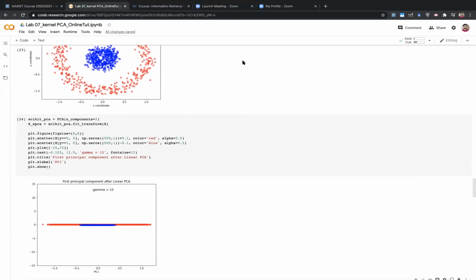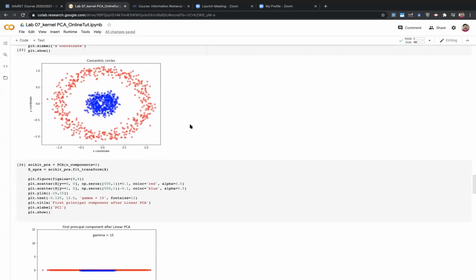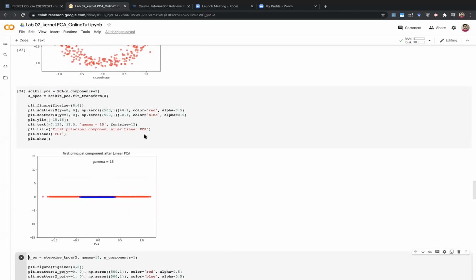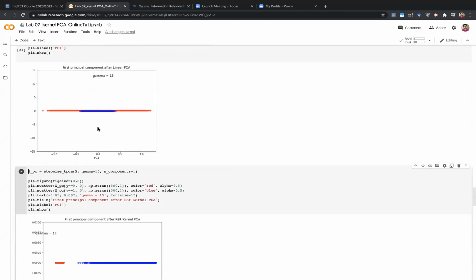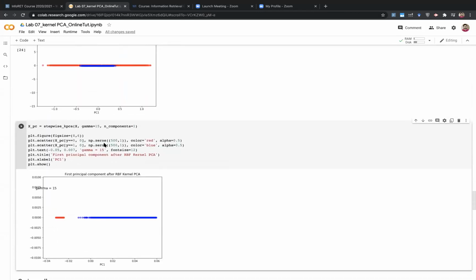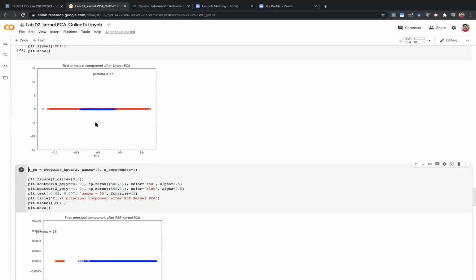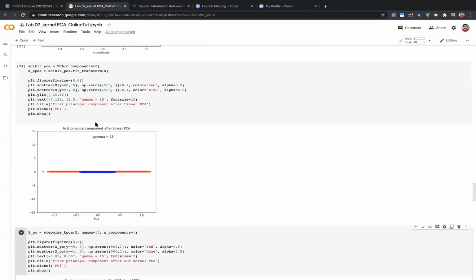Okay, no worries. So now when we run this, you can see that there is, in some sense, overlap happening here, right? This is with gamma equal to 15, right? But there's one interesting thing happening.